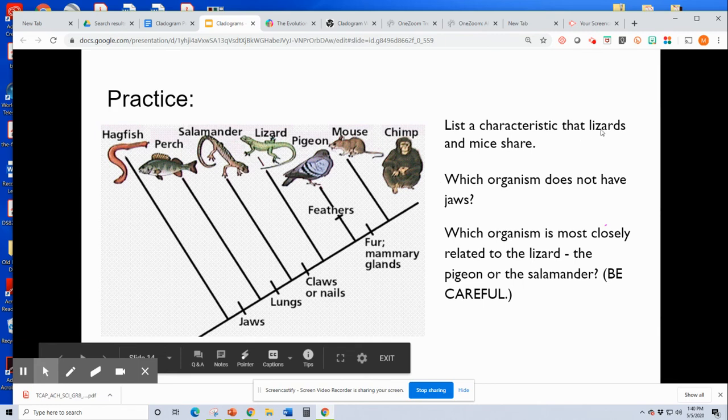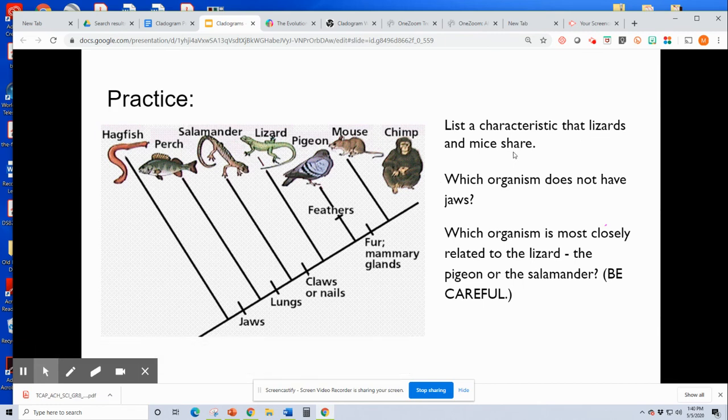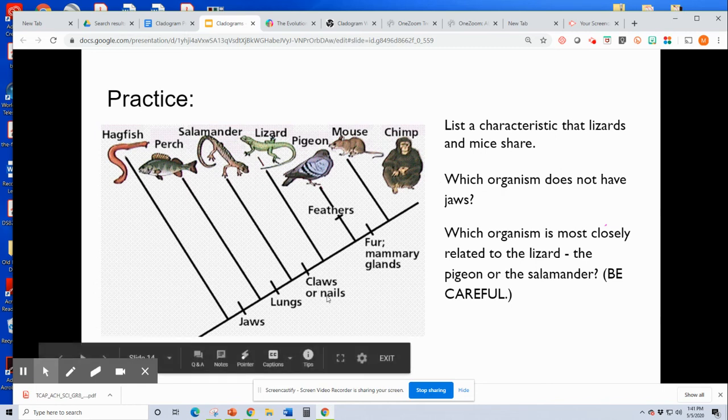List a characteristic that lizards and mice share. All right, well, here's my lizard, okay? And I know that lizards have, because I know where he is, claws or nails, lungs, and jaws.